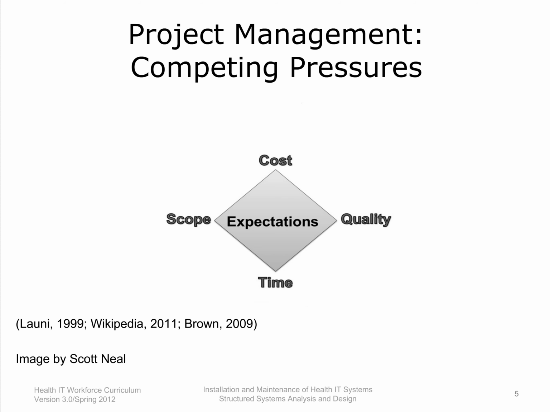Slide 5. As this picture suggests, successful project management means effectively balancing the components of time, cost, scope, quality, and expectations, each having a symbiotic relationship as represented by the diamond shape in the center. This is referred to in project management circles as the project diamond.